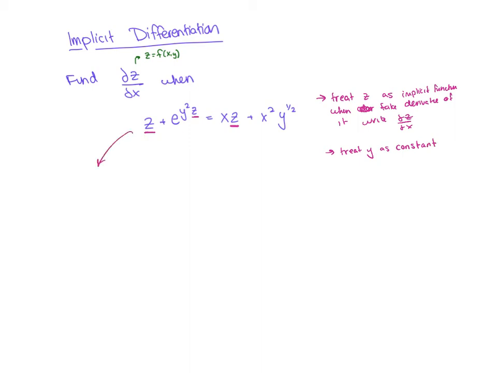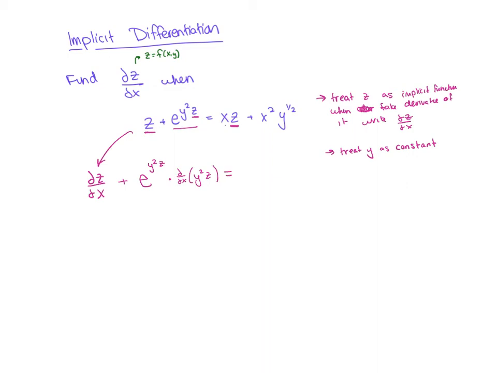So I'm going to start off, I take the derivative of z, I'm treating it as an implicit function, so I'm just going to write that as dz dx because I'm taking the derivative with respect to x, plus the derivative of e to some power is e to that power times the derivative with respect to x of that power, y squared z. And then I keep the equal sign in there.